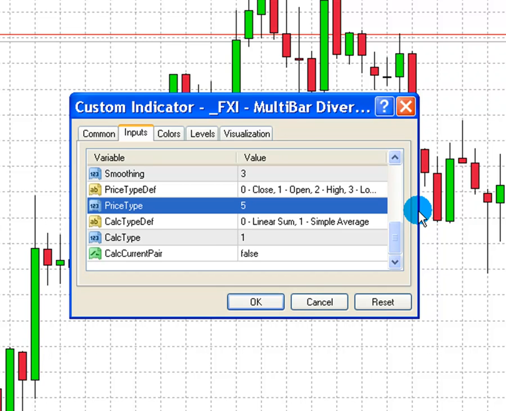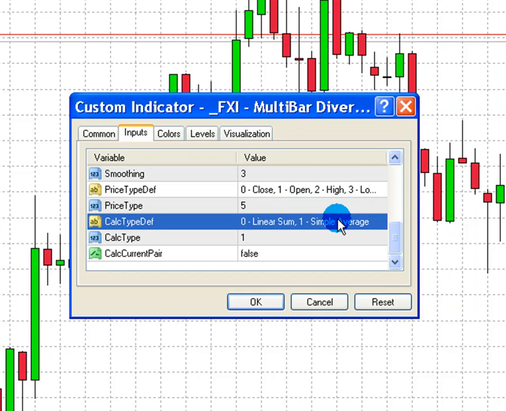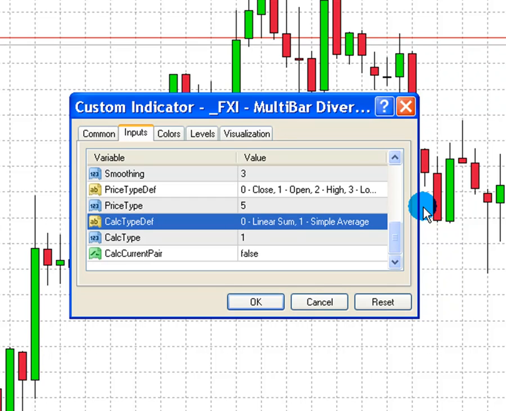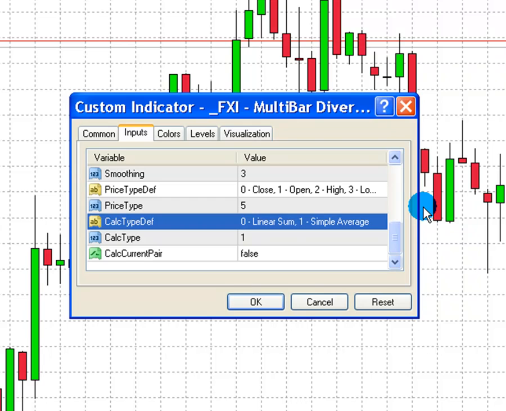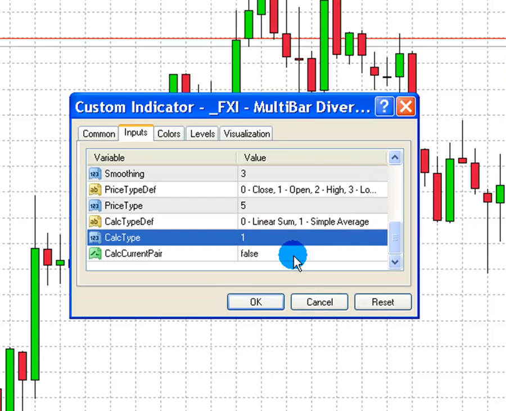And for calc type def, you can use 0 for linear sum or 1 for simple average. Since we're comparing the currency's momentum versus the internals' momentum against other currencies, I would use the average so that we can compare sort of apples to apples. I do not recommend using a 0 for this setting.